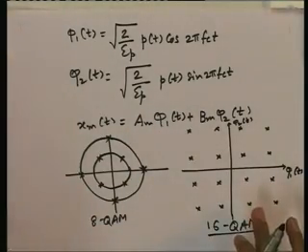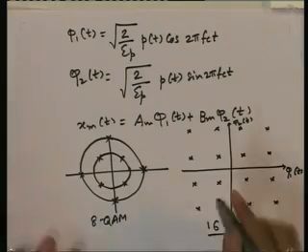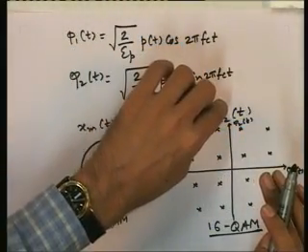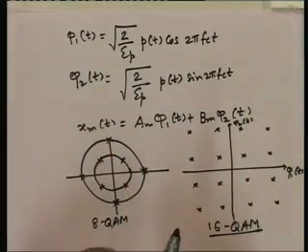Another advantage of these modulation techniques is that you need not have signal generators for all these points separately. If you just have one signal generator which generates phi 1(t), another signal generator which generates phi 2(t), then you multiply this signal with some a_m, multiply this signal with b_m, and add them and transmit.